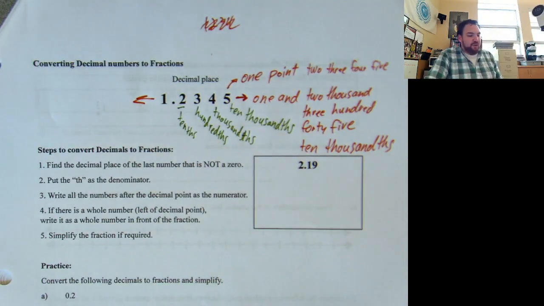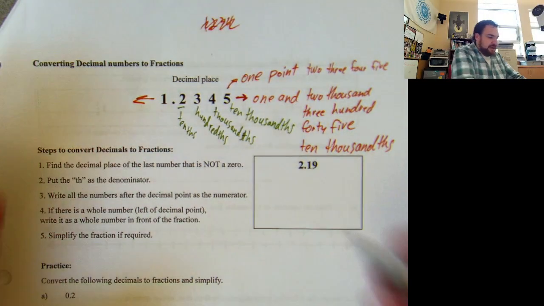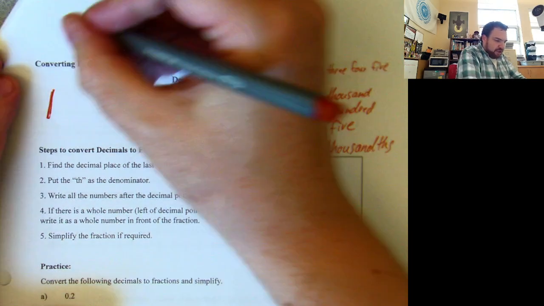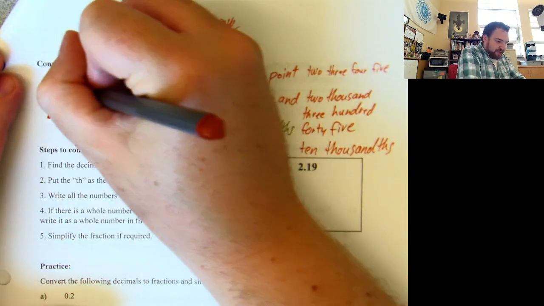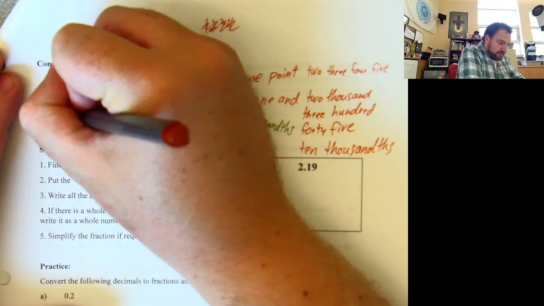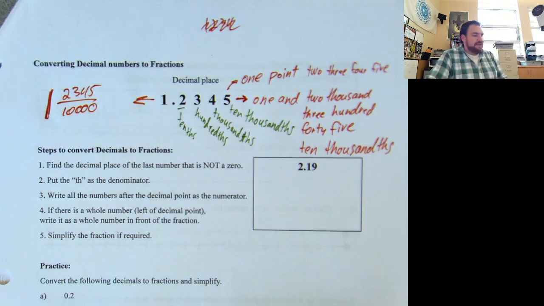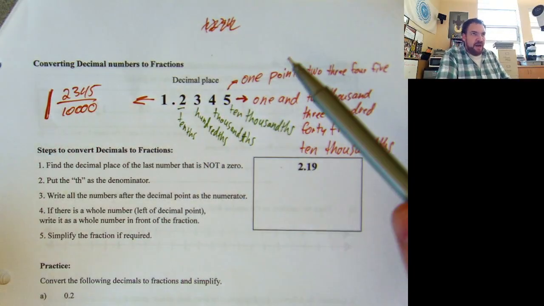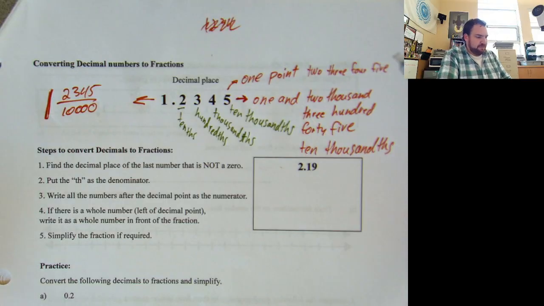Because if I have that value, 1 and 2,345 10,000ths, what does that actually mean? It means you have one whole, and 2,345 10,000ths. If you can identify what place value you have, then making the fraction is done effectively.